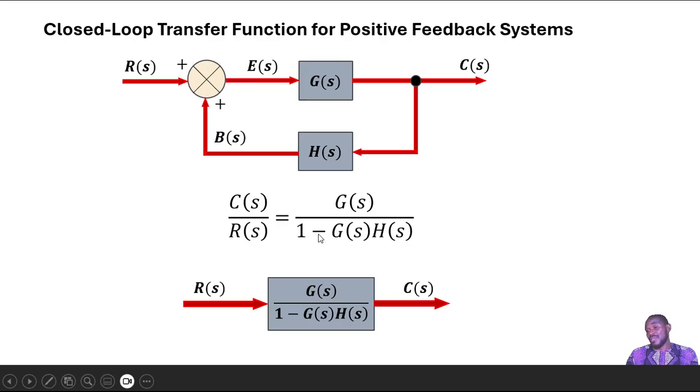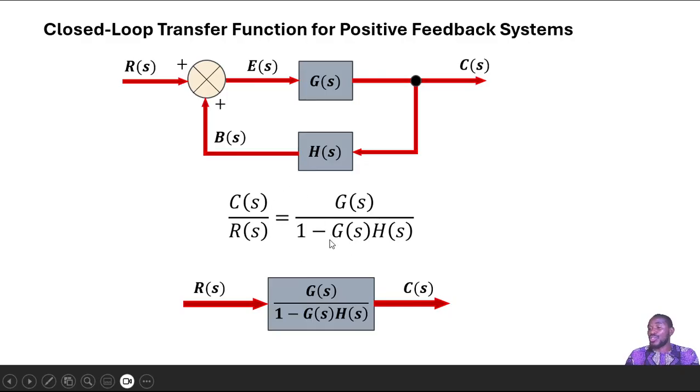The difference is this, all right? So C of S over R of S is the forward transfer function G of S divided by 1. This time we alternate those signs. So since we have positive feedback there, this is now minus, all right? And then we find the product of these two guys.